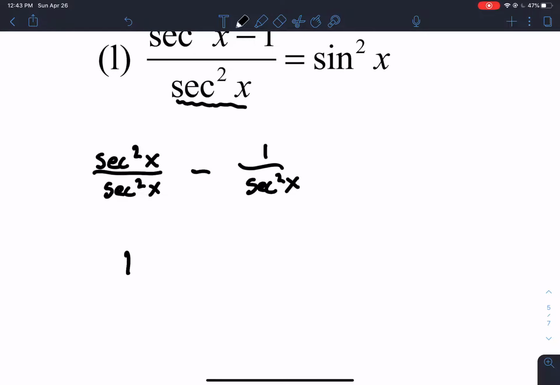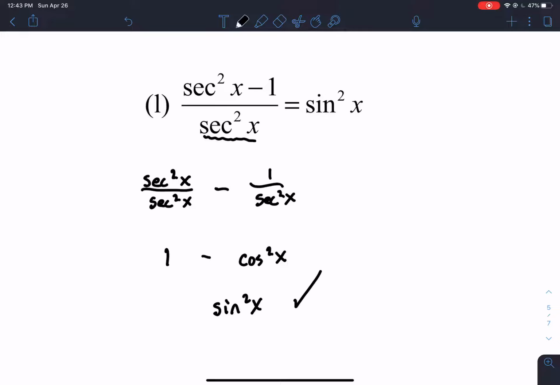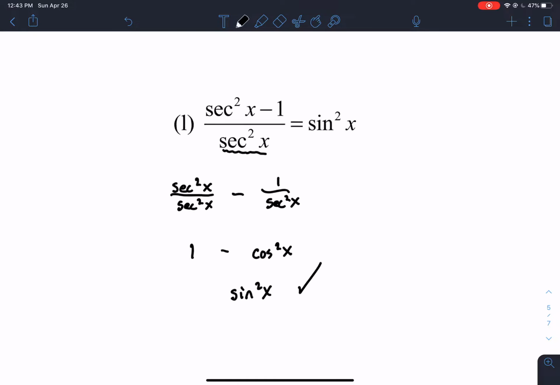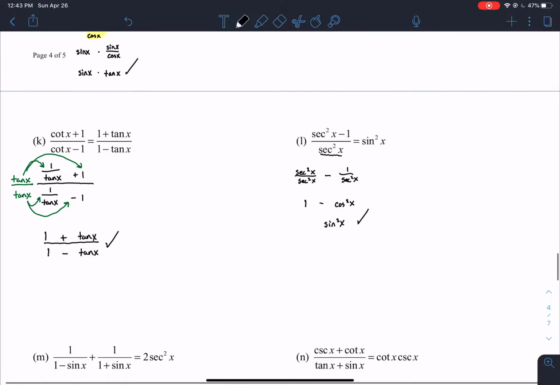So you got 1 minus 1 over secant squared is cosine squared, and then what's 1 minus cosine squared? Sine squared. Okay, so that's one way you could have done it. Another way, again, you could change secant squared minus 1 into tangent squared and then put everything in terms of sine and cosine. I just did it a different way just to kind of mix it up.